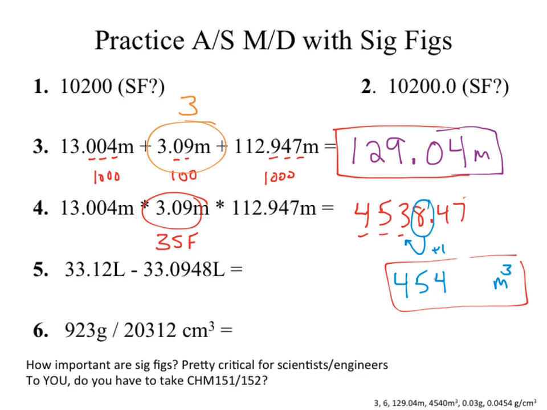So, what is this number right here? Someone read that number off to me. 4,538 point whatever. If we just write with our proper sig figs, 454, read that number off. 454.